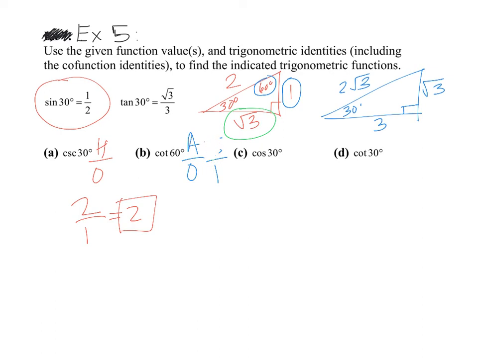Oops, I wrote that out wrong. Like I just said, adjacent is 1. You got square root of 3 on the bottom. Okay, so we rationalize the denominator, and we get square root of 3 over 3.